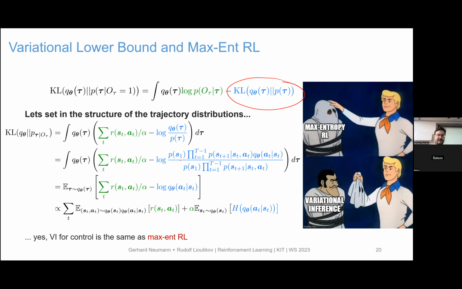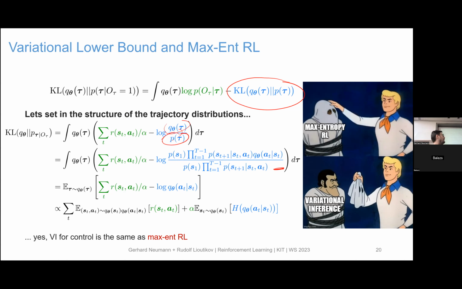We said the trajectory distribution is the probability of the initial state times the probability of each transition times the policy. And for P, we said it's a uniform policy, so it would be there, but it's just a constant in this matter. And so that's basically what we have here.